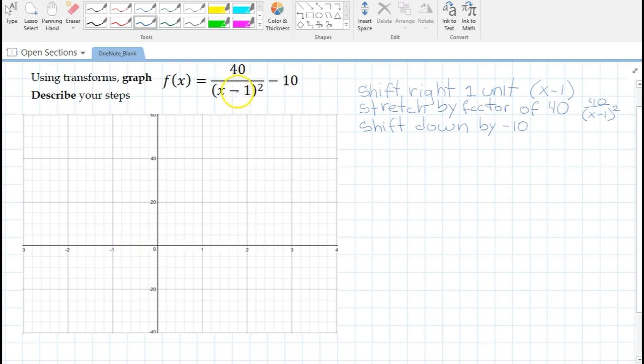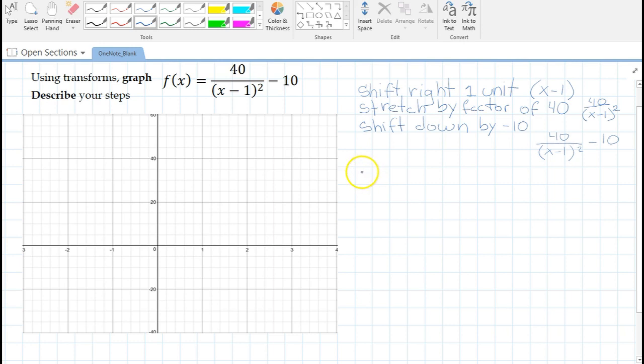If we have a positive number, we're going to go to the negative. So now we complete our function: 40 over parentheses x minus 1 squared minus 10. So we describe step by step what we're going to be doing with a function using transformations.